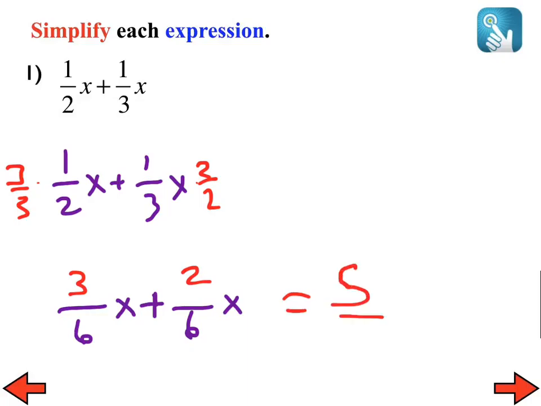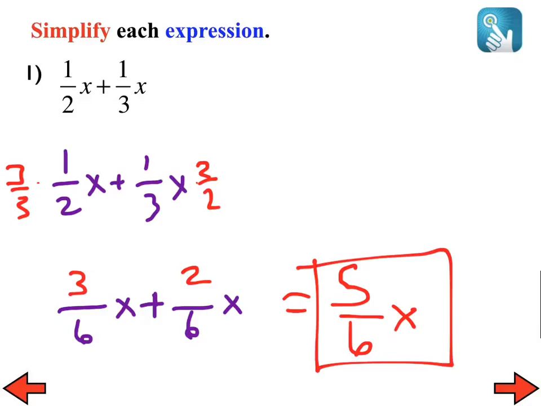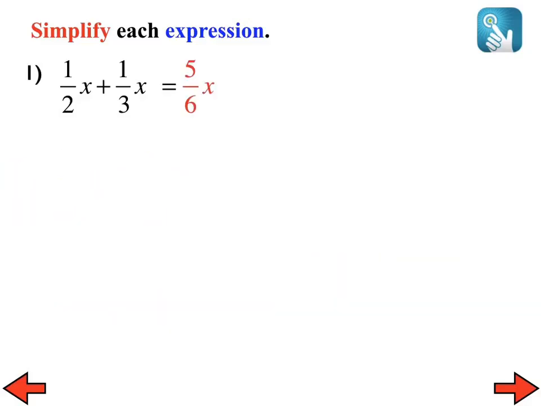This will be 5/6 x. Don't forget the x. If you wrote 5/6 as your final answer, that would be incorrect. Okay? Any questions about how to do this? Same thing we did yesterday, except with the variable in there.